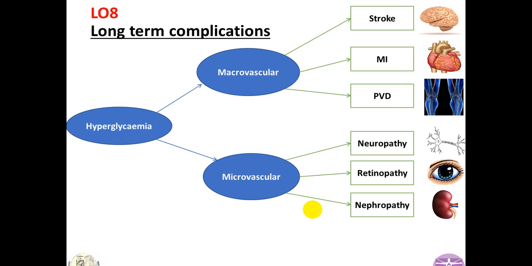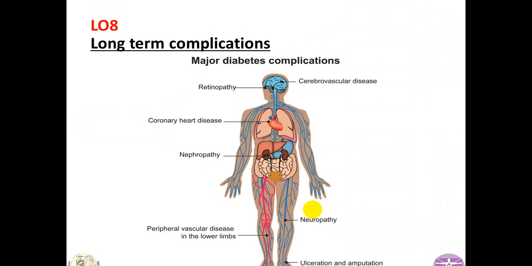With time, it will progress into chronic kidney disease, diabetic nephropathy, and renal failure, and the patient needs renal transplantation. So we should transplant the kidney from another person. Finally, the last of the microvascular complications is the diabetic foot.